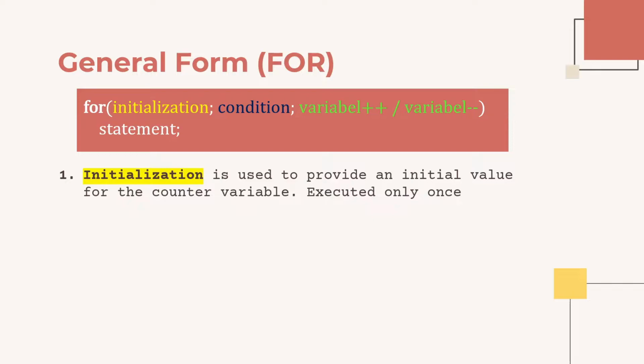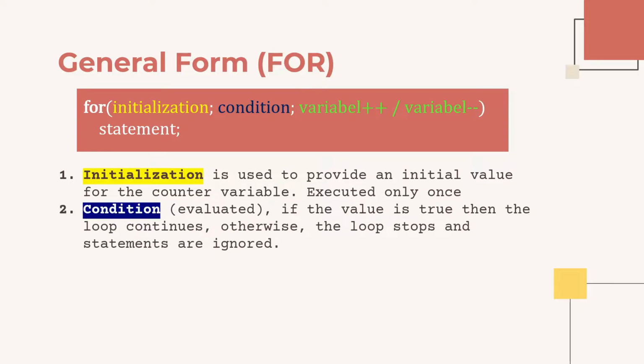Initialization is used to provide an initial value for the counter variable, and it is executed only once. And the second is condition. Condition is something that is evaluated by the program. If the value is true, then the loop continues. Otherwise, the loop stops and statements are ignored.